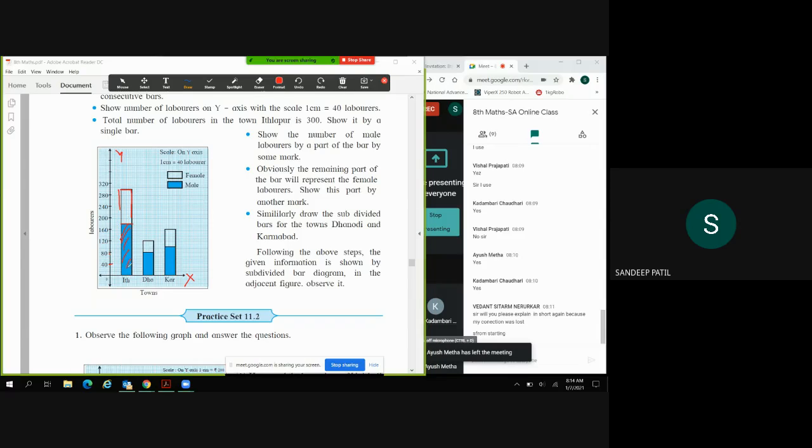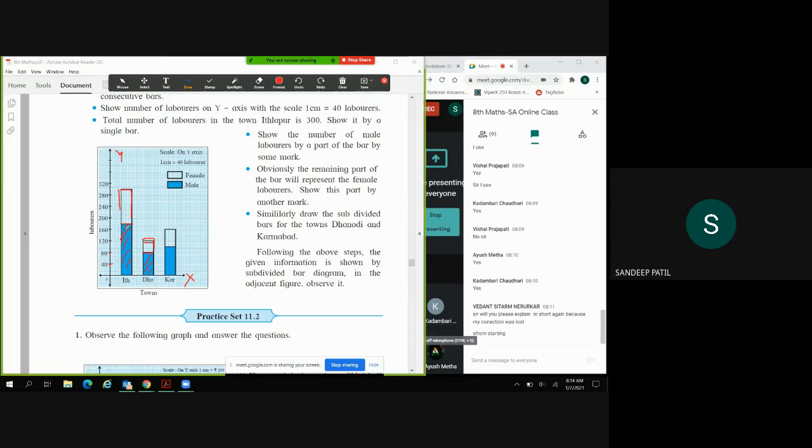Similarly, for Dhanodi we made one bar, a total of 120, then we marked the male part and shaded it. Similarly for Karmabad, the last town.